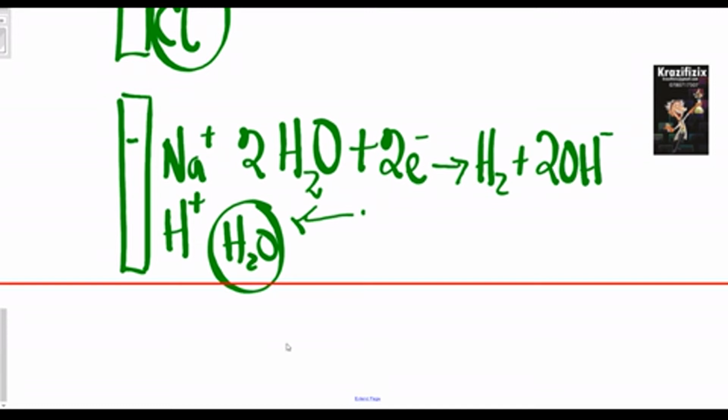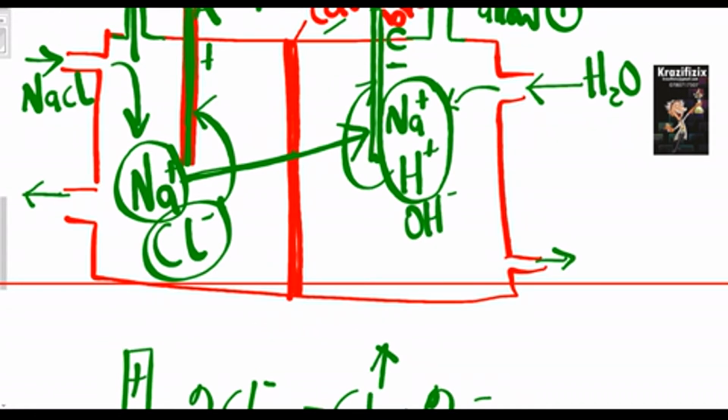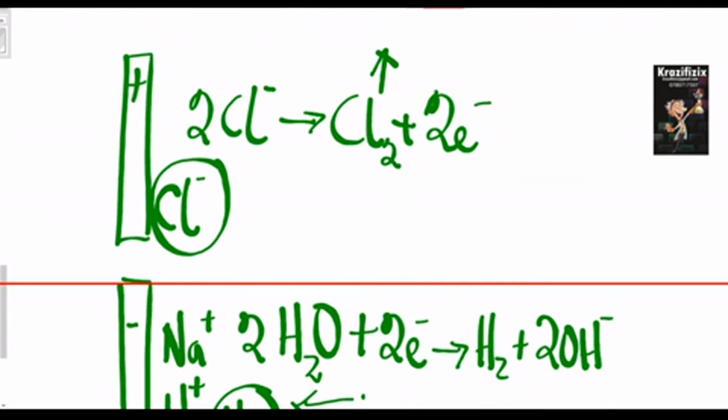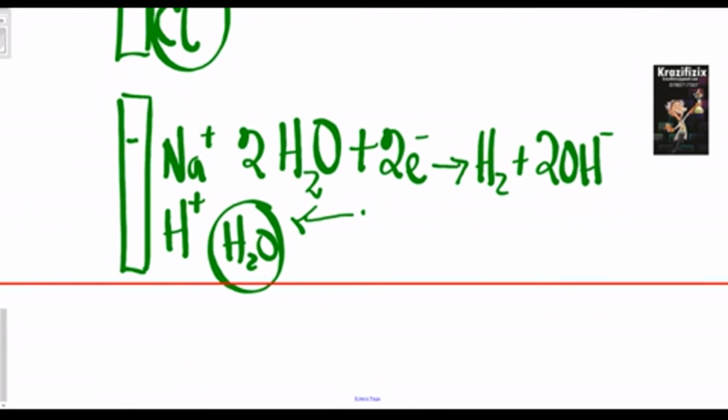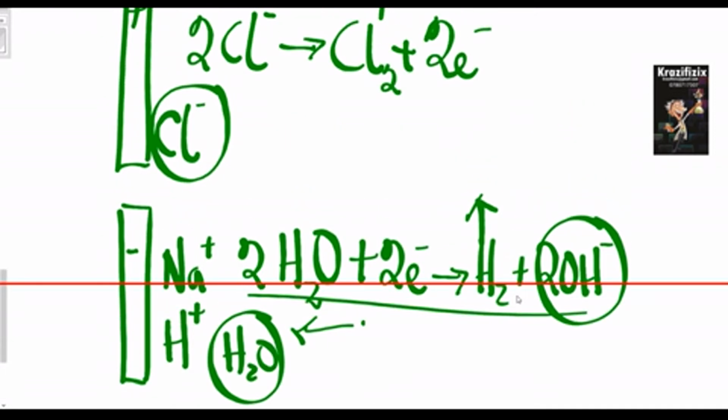I need us to get this reaction. Water is being fed in here, and we said it will produce this and this. But this comes from the fact that water is now reduced by this reaction. So hydrogen gas is given off, and we have our hydroxide ion also produced.